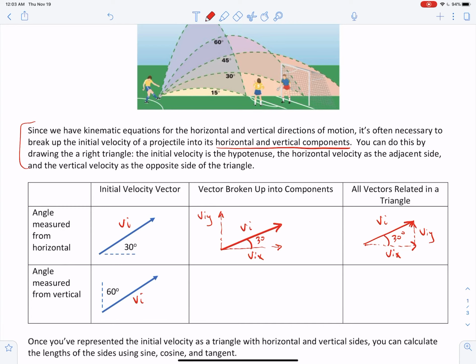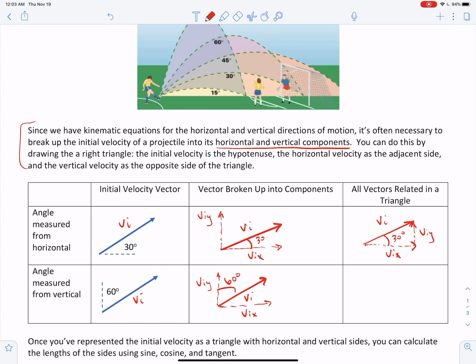And when we break it up into a triangle, we now have the initial vector here. The vertical component would still be that part. The horizontal component would be this part. But now we're measuring from here, 60 degrees.